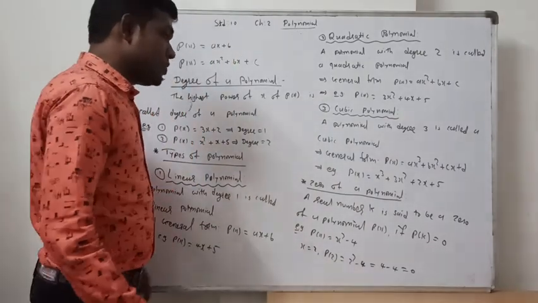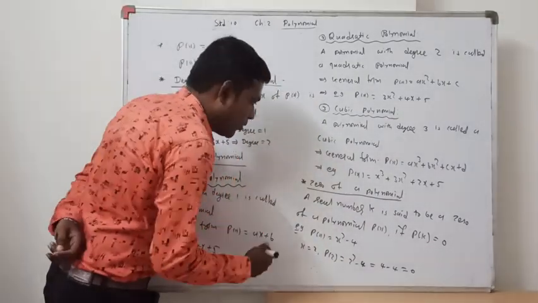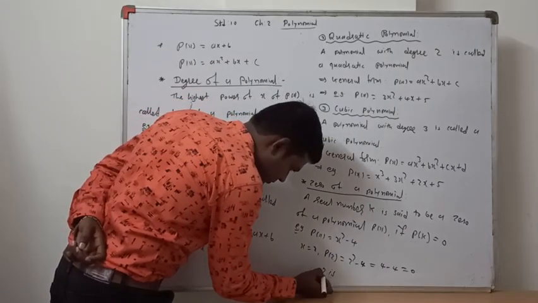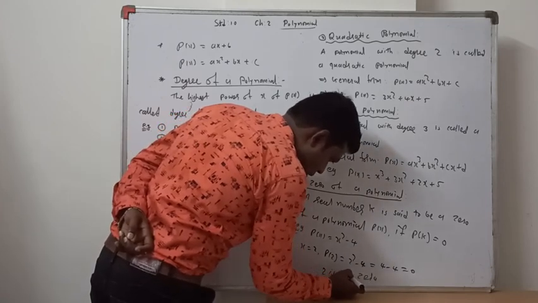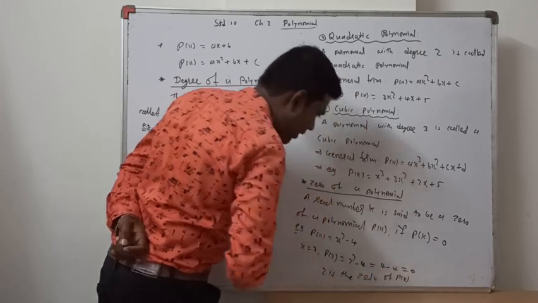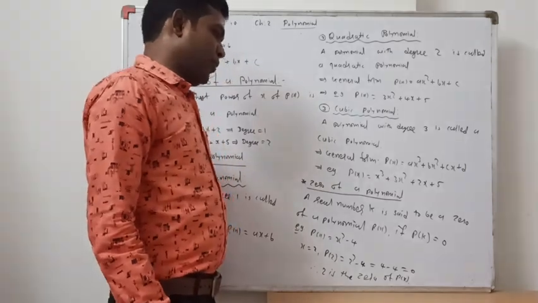So that 2 is a zero of our polynomial. So therefore 2 is the zero of p(x). So this is the zero of a polynomial. Clear?